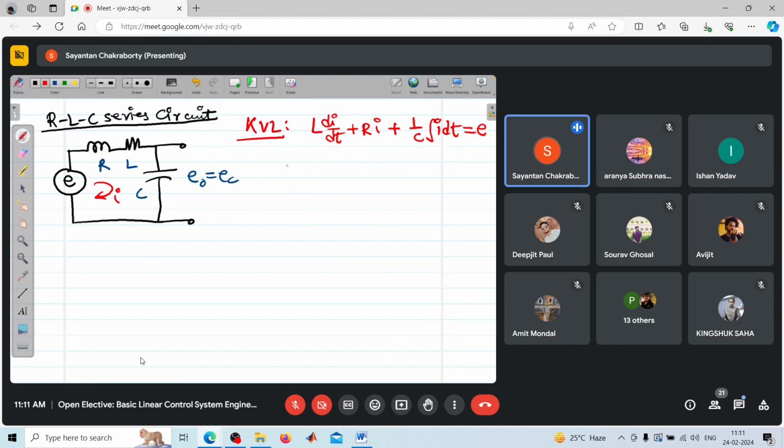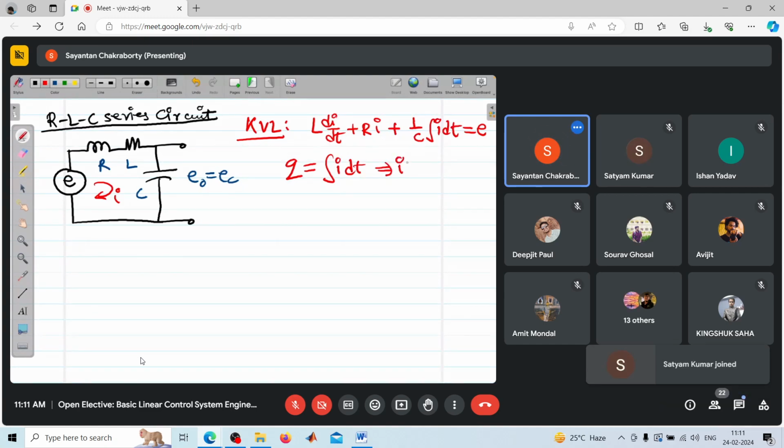Now we know that the charge stored in the capacitor can be represented as q. From that we can write i is basically dq dt.